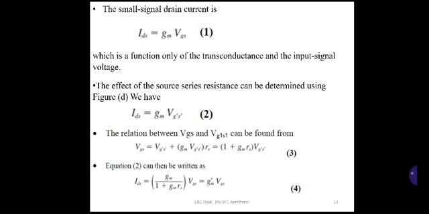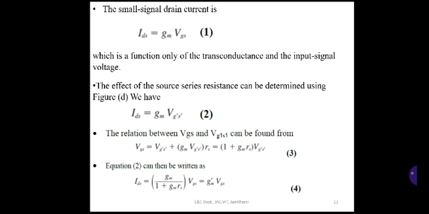The relation between VGS and Vg dash S dash can be found from VGS equal to Vg dash S dash plus gm into Vg dash S dash into RS. Taking Vg dash S dash common, that is (1 plus gm RS) into Vg dash S dash.